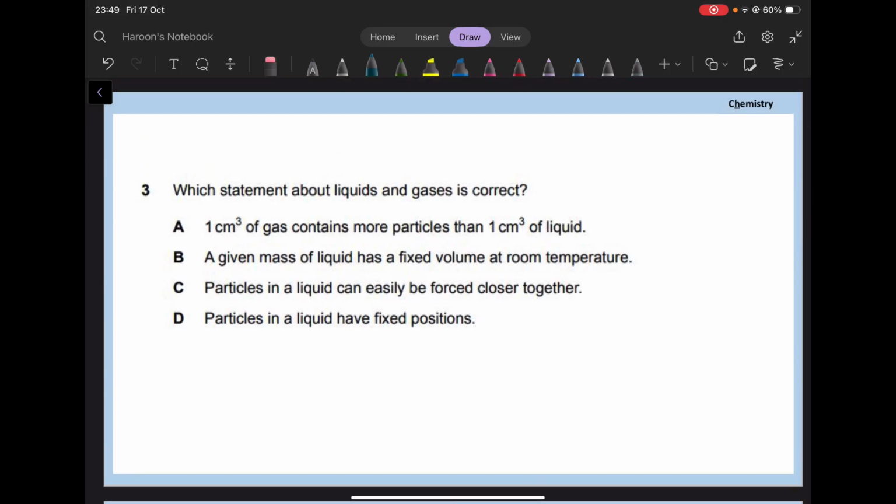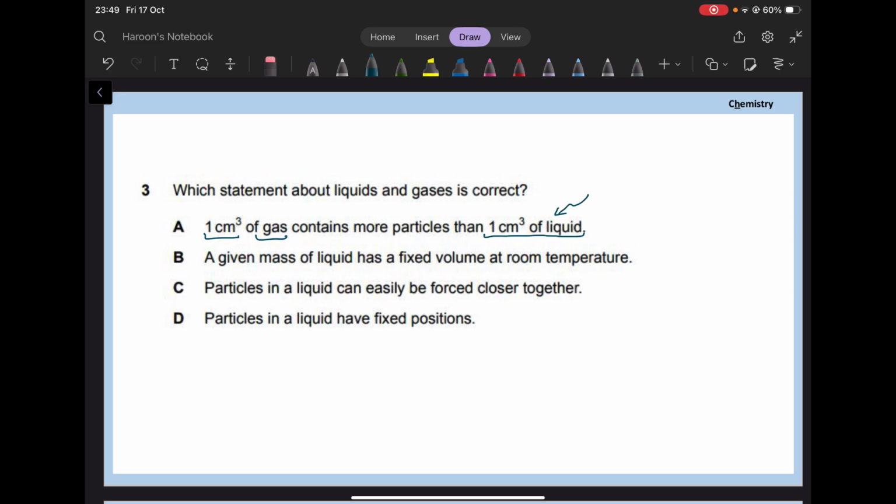Which statement about liquids and gases is correct? 1 cubic centimeter, which is a unit of volume, of gas contains more particles than 1 cubic centimeter of a liquid. In a gas, the particles are far apart from each other. For liquids, the particles are closer.